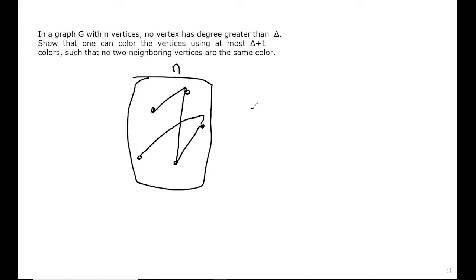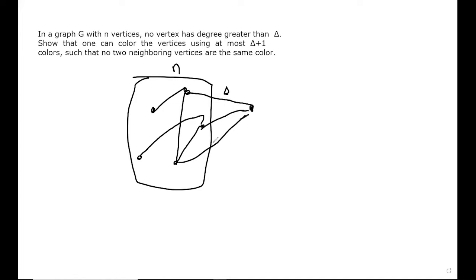And now what happens when we add a vertex? Say the delta is the same, and we're doing induction on n. Now what happens when I connect the new vertex n to some of these and I'm trying to pick a color for n? Well, n has at most delta neighbors, so delta of these edges.